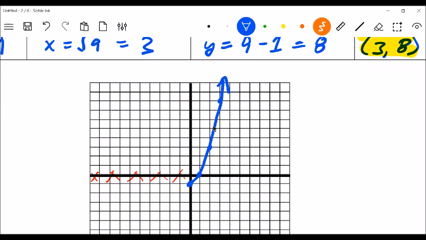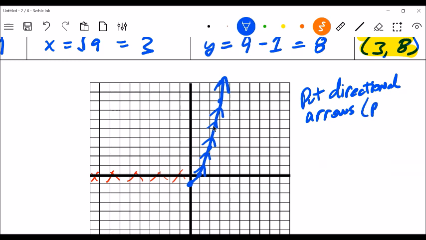So what we've done here is set up where this is going, but it starts and goes in a certain direction. So we actually have to put directional arrows, for t greater than or equal to 0.